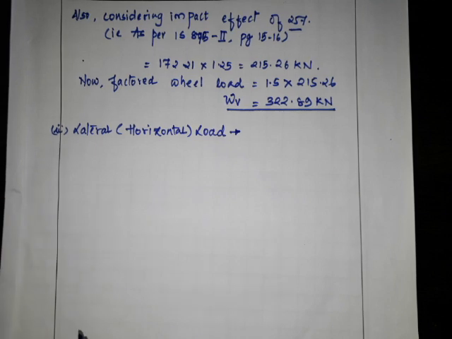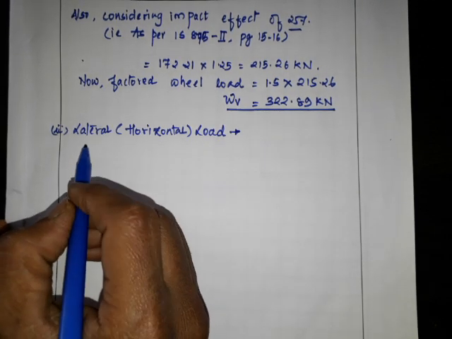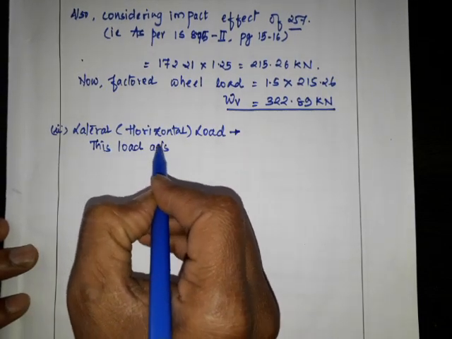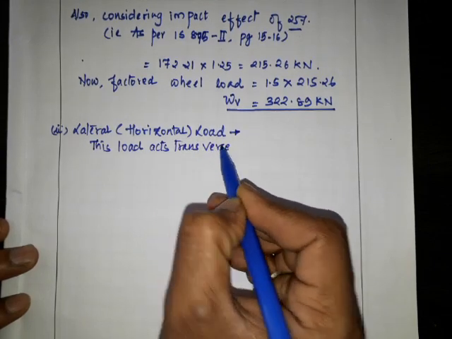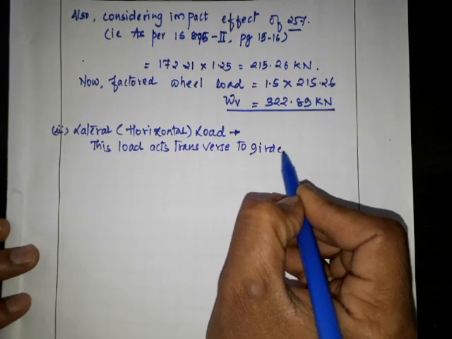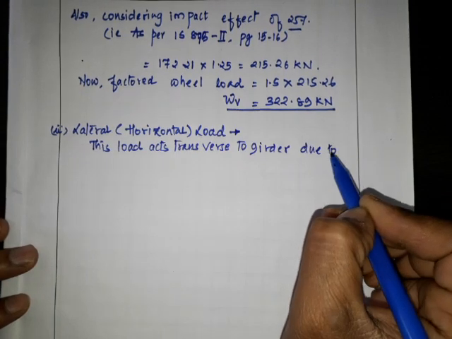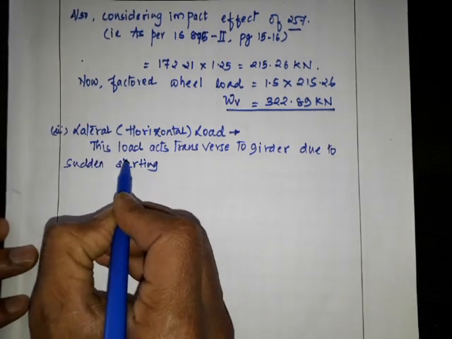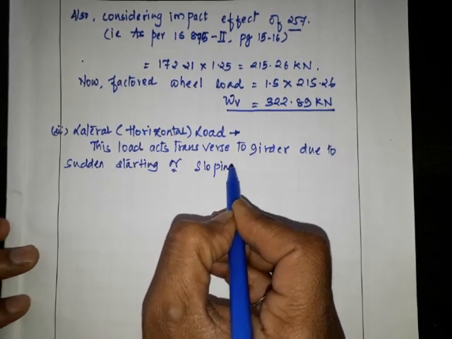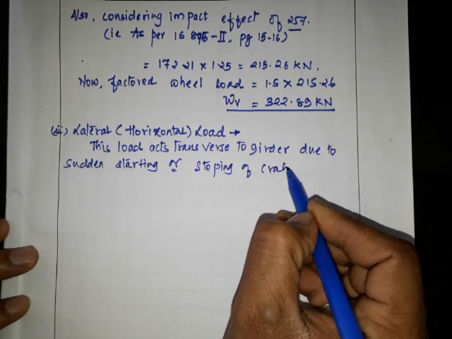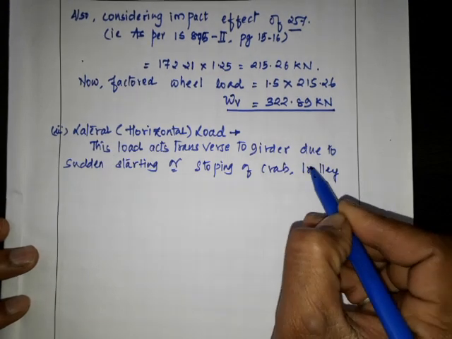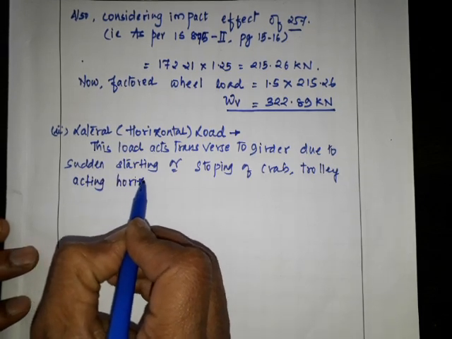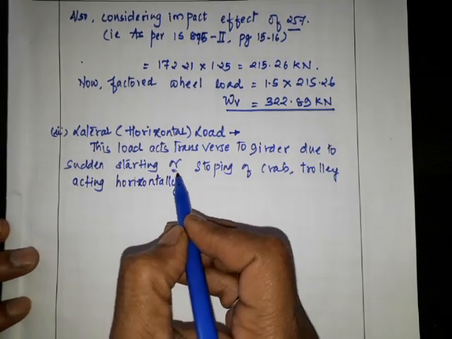So the lateral load acts transverse to the girder due to sudden starting or stopping of the crab or trolley, acting horizontally along the crane girder.